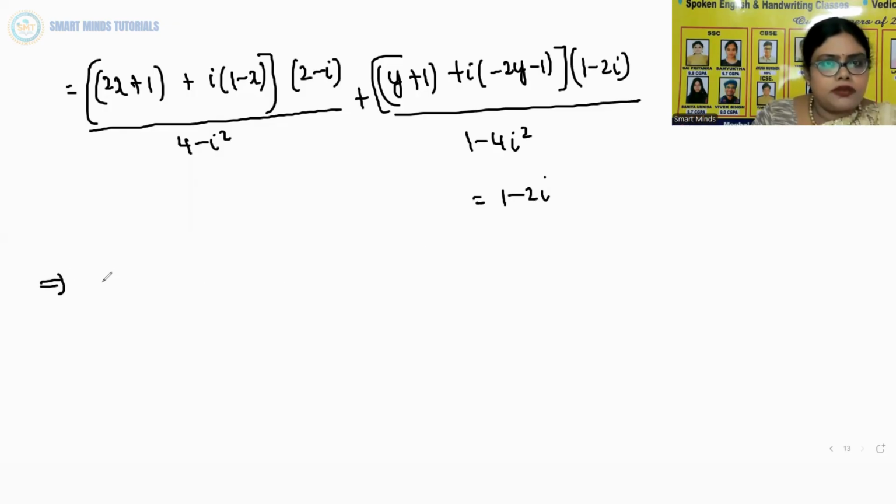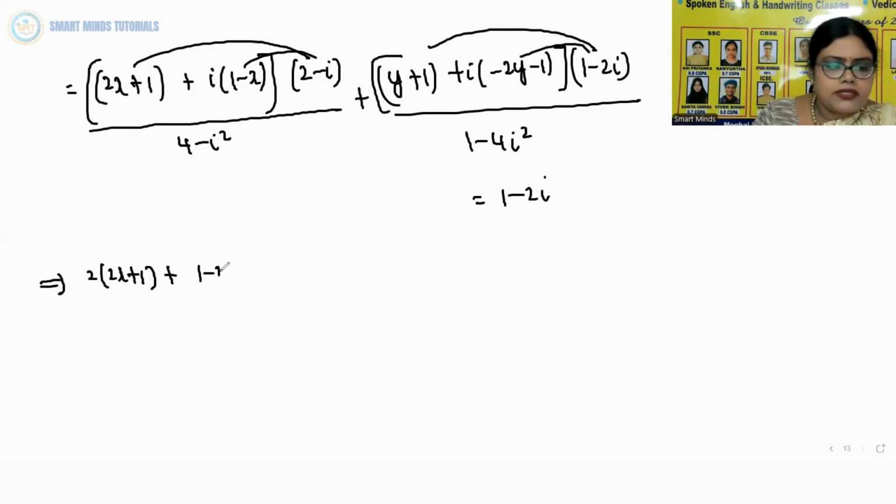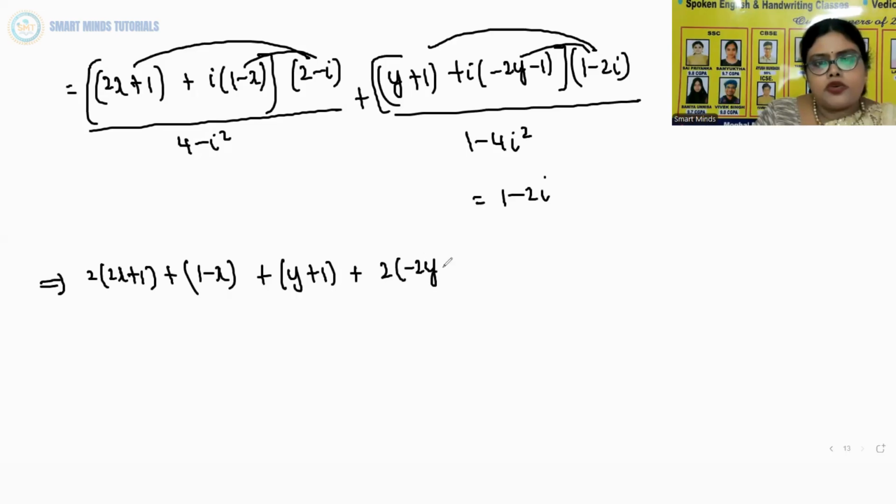So you get, now we multiply this into this, this into this, this into this, this into this. So we will get 2 into (2x plus 1) plus (1 minus x) plus (y plus 1) plus 2 into (minus 2y minus 1).